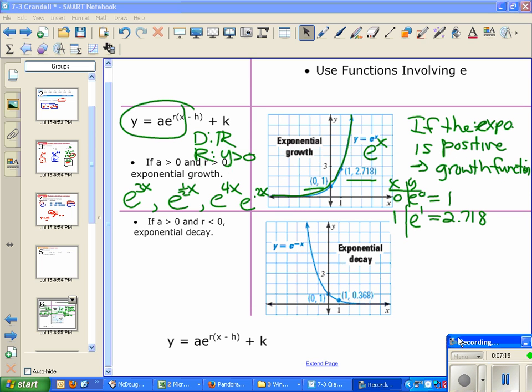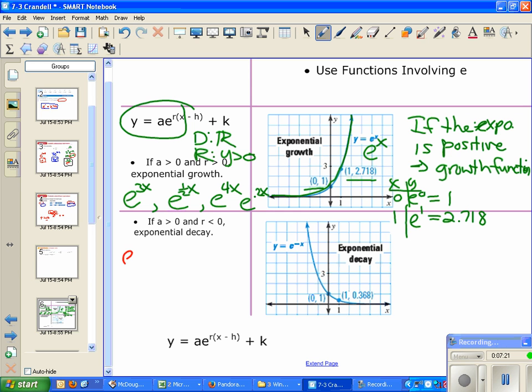Okay, exponential decay is a little different. Things like e to the negative 3x are exponential decay. E to the negative 0.5x is exponential decay. E to the negative 10x is also exponential decay.